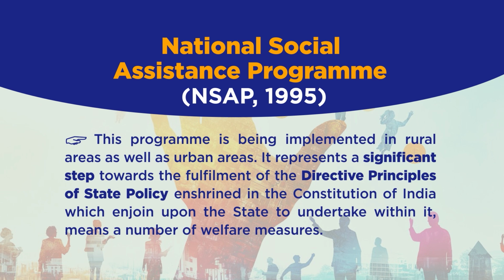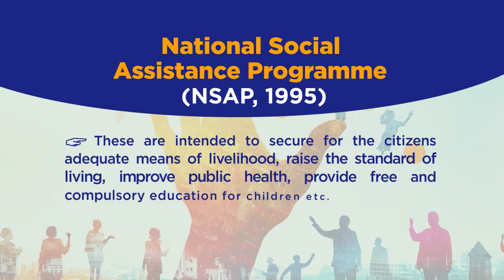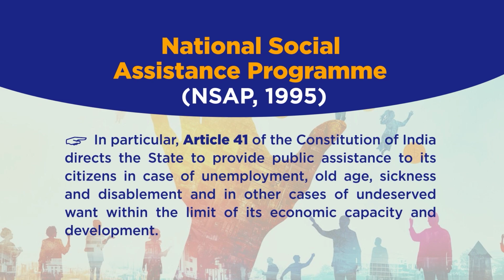These assistance programs are intended to secure for the citizens adequate means of livelihood, raising the standard of their living conditions, improving public health, providing free and compulsory education for children and others. Again, this takes care of Article 41 of the Constitution. What does Article 41 say?